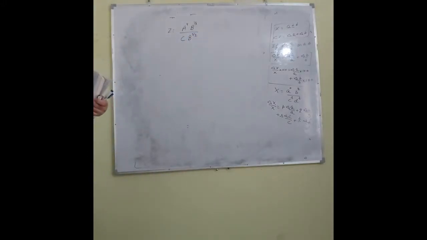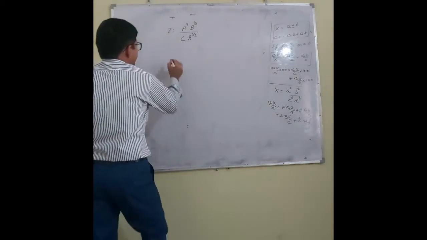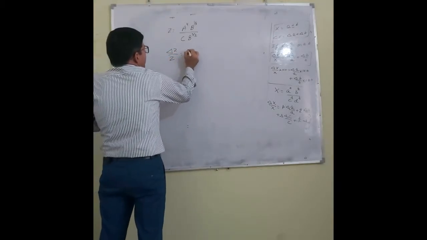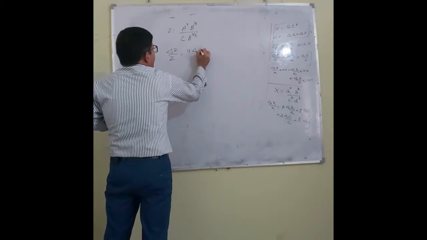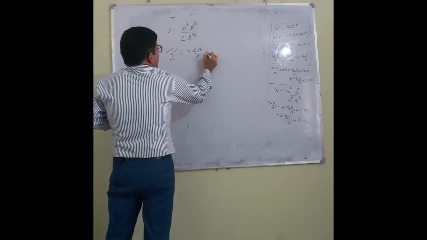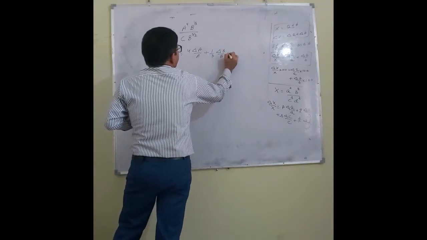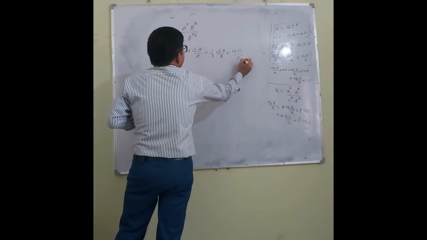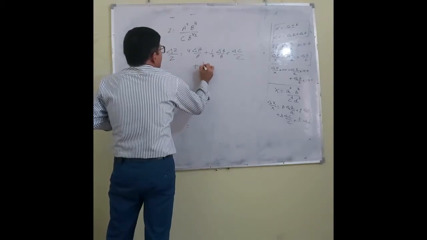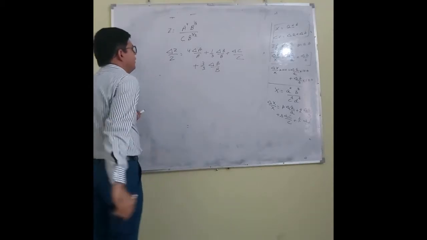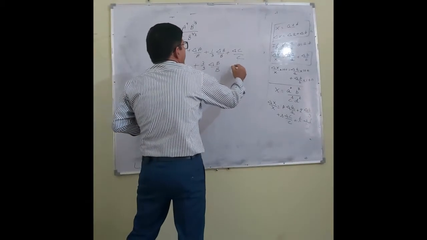How can I calculate the relative error in Z? What is the formula? The relative error in Z, delta Z by Z, equals 4 times delta A by A, plus 1 by 3 times delta B by B, plus delta C by C, plus 3 by 2 times delta D by D. So this is the relative error in Z.